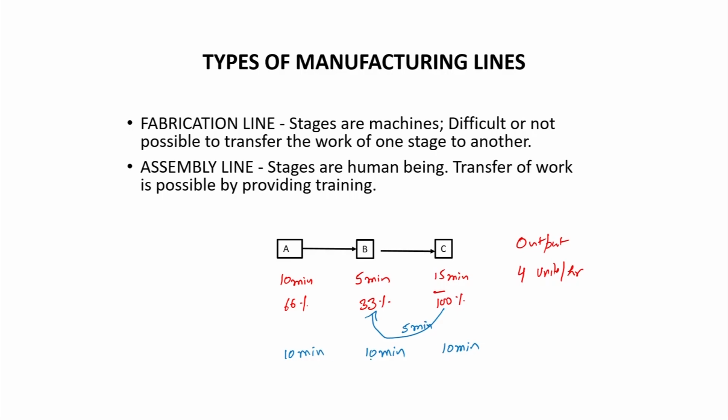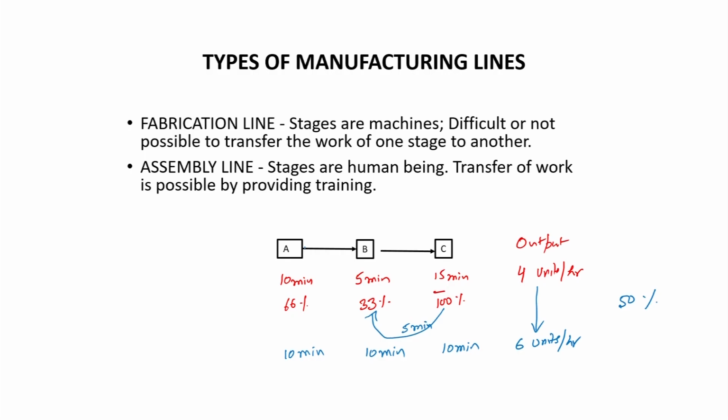So in that way the line is totally balanced, all the 3 workstations are having the same workload and we will be able to produce 6 units per hour. So, without any addition of resources, our productivity will increase by 50%. You will find our productivity has increased by 50% just by balancing the load.